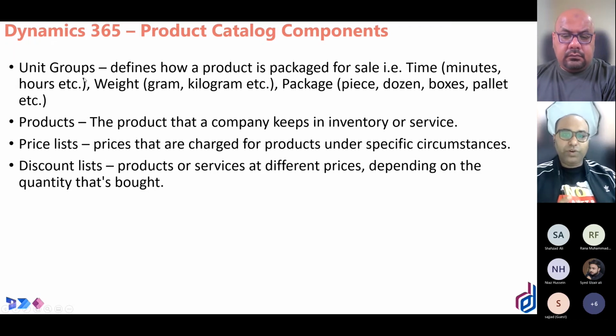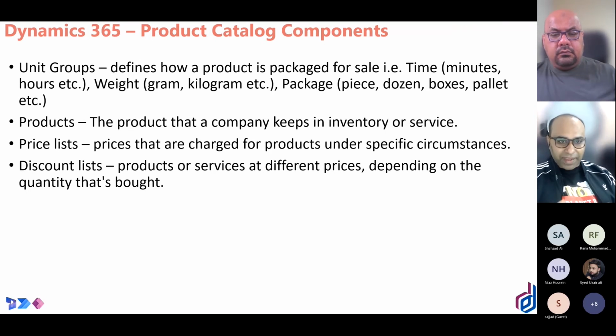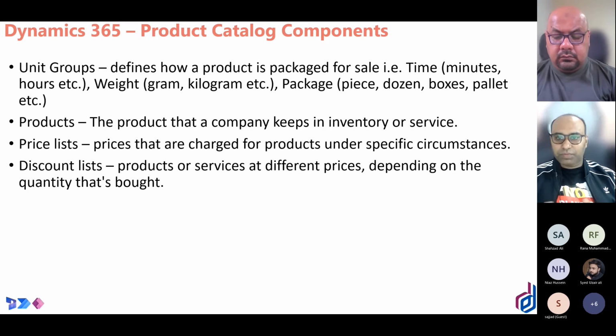A unit group is how you package your products or services. For example, you sell products in pieces or packets, and you sell a product in kilograms, grams. And then you sell by dozen or boxes and pallets.